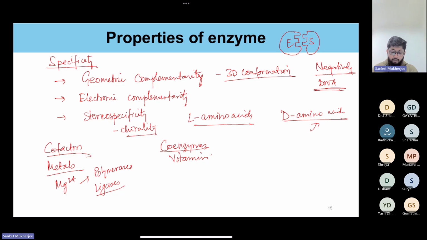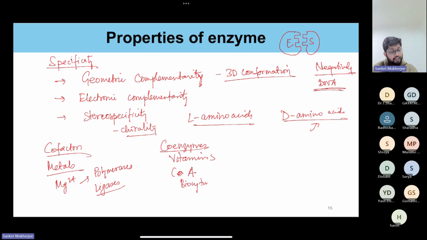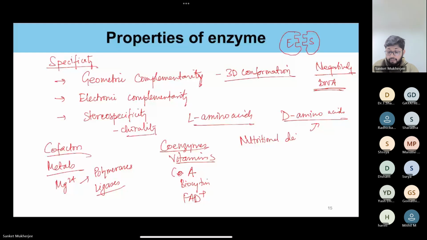There are coenzyme A, then there is biocytin, FAD plus, all these are different coenzymes. And since vitamins are important for the enzymes to function, any nutritional deficiency will alter the enzyme's function. There are many diseases like pernicious anemia, which happens due to vitamin B12 deficiency.